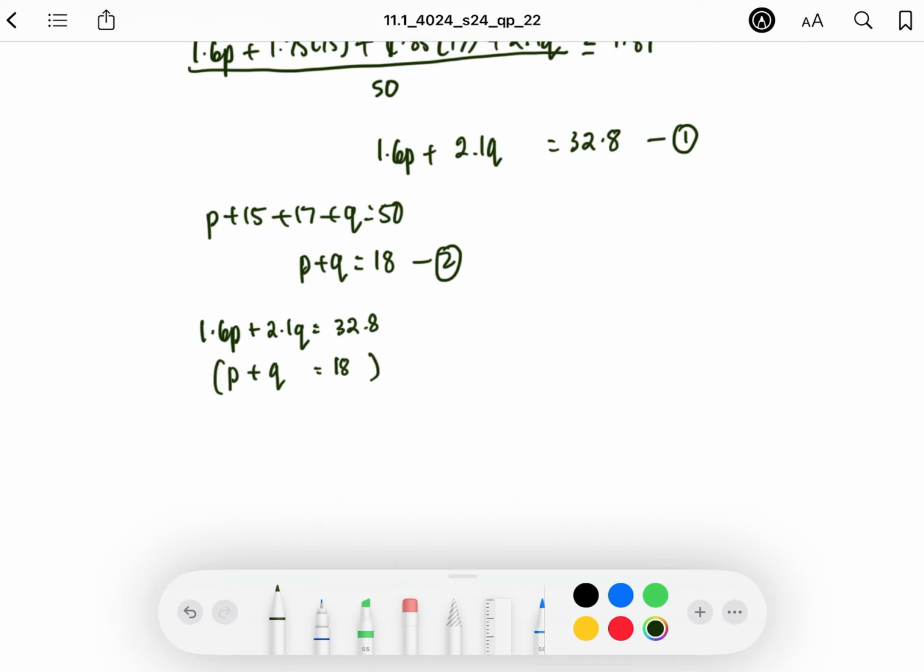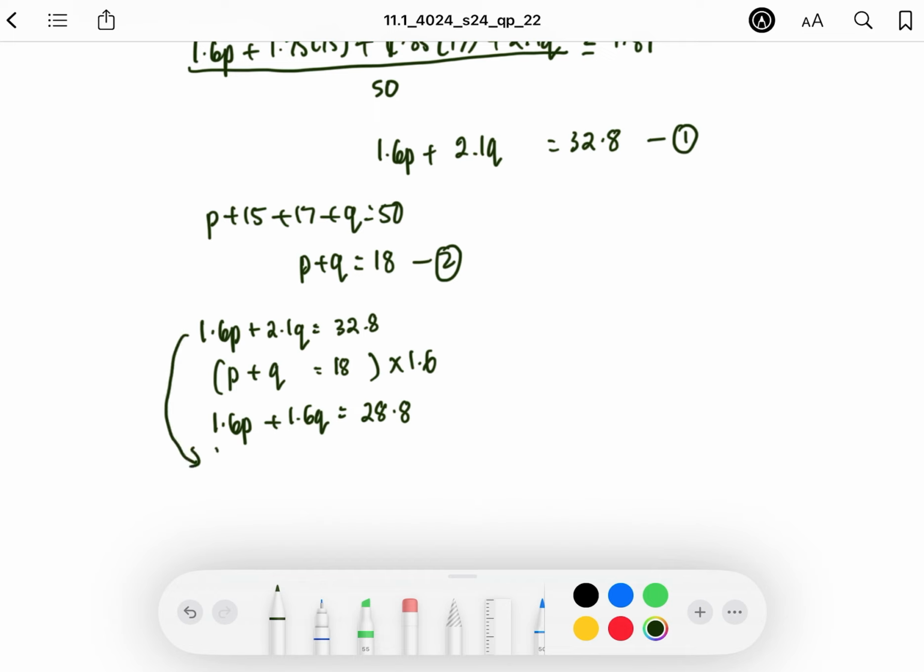Multiply this by 1.6, so 1.6p plus 1.6q, and 18 times 1.6 equals 28.8.